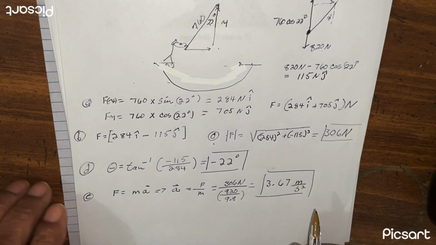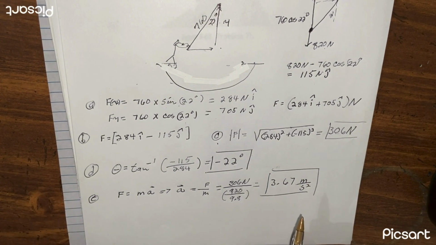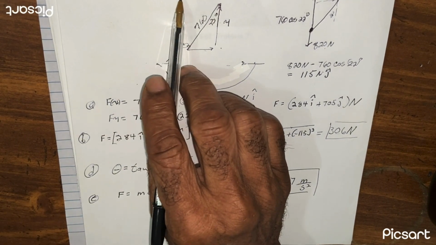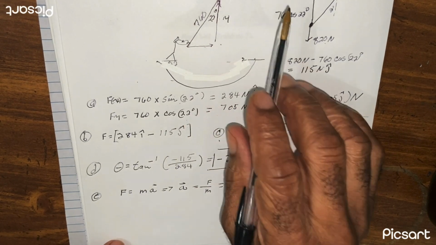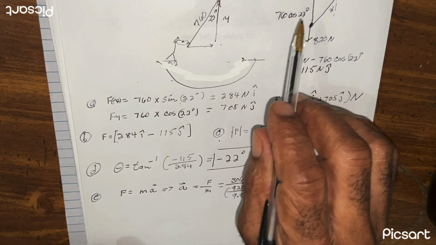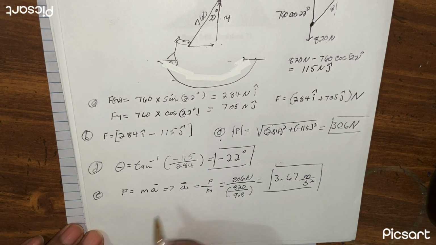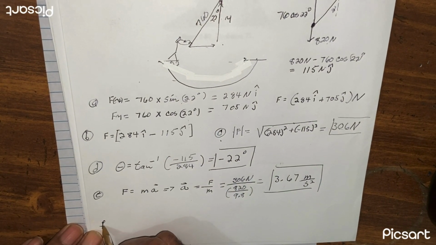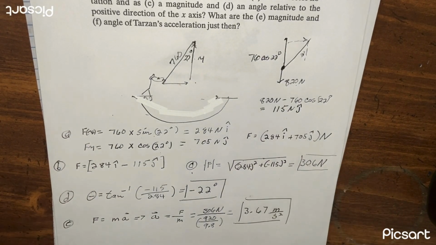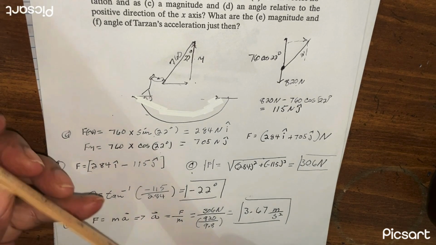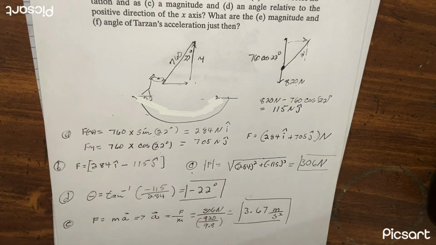And finally, the angle of Tarzan's acceleration just when he steps off. It's going to be the same as D, but let me just show you something here. It's just below the cliff.